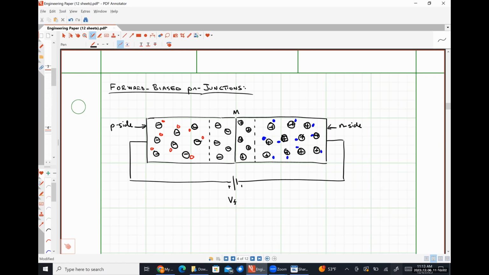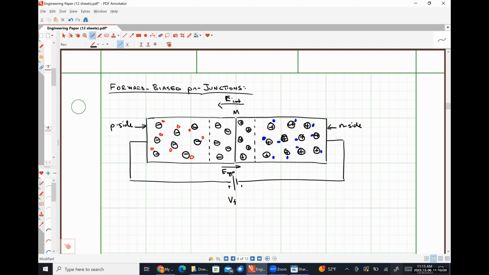So our internal electric field is oriented from right to left. Our applied electric field is oriented from left to right.